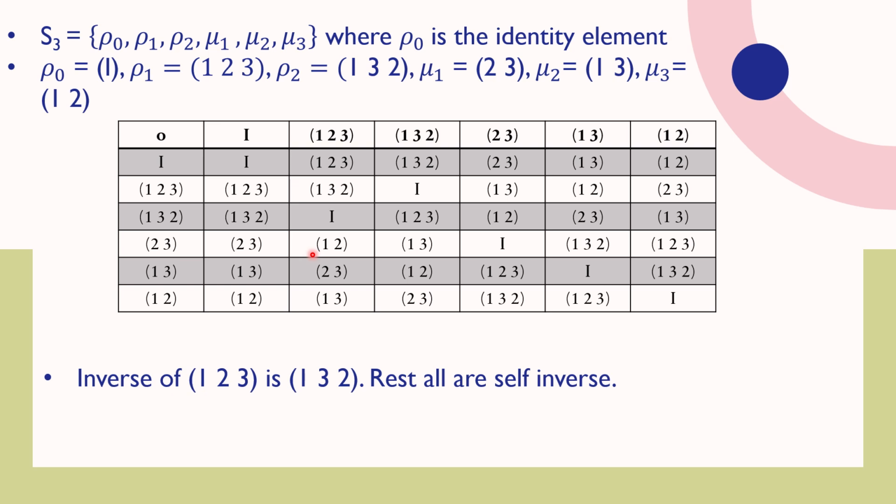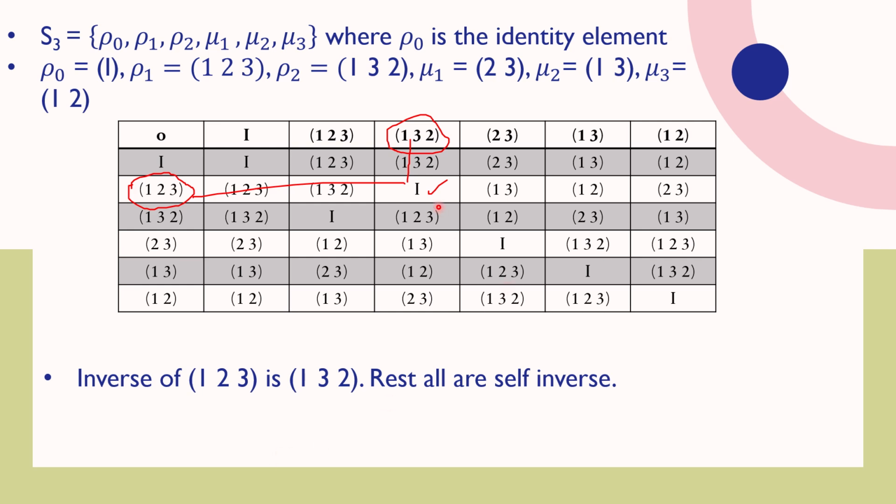Okay, now is the part where you learn what you get from this table, right? In this table you see that the inverse of (1 2 3) is (1 3 2). That is, you have (1 2 3) over here and (1 3 2) over here, and what is the product? You're getting identity, right?